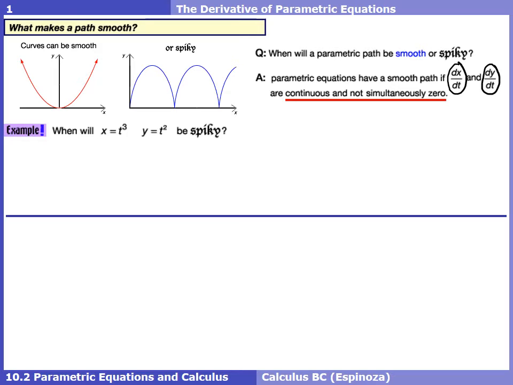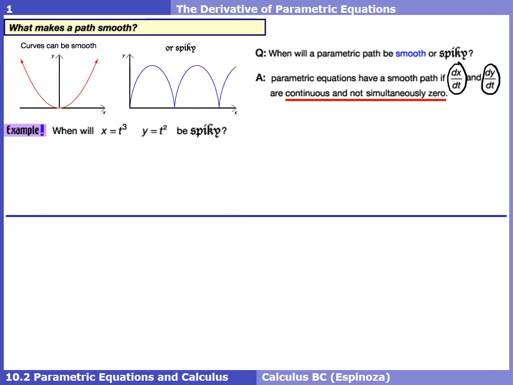So let's go ahead and apply what we see here to this example. And we actually did this example in 10.1, where we eliminated the parameter and graphed the set of parametric equations. But here, we're asking the question, will this produce a spike or maybe a cusp on our graph?